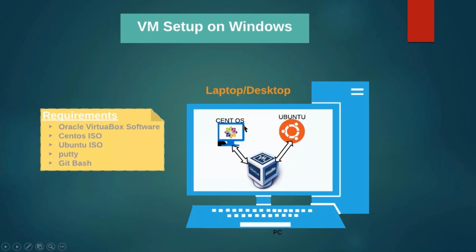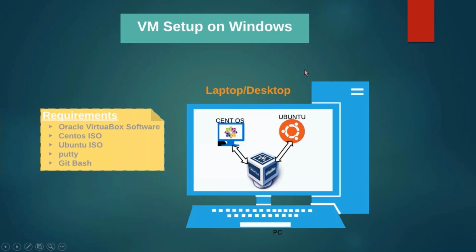Then we'll create one CentOS virtual machine, a virtual machine with the CentOS operating system, and one virtual machine with the Ubuntu operating system. Once we have that up and running, we will log into them using PuTTY and Git Bash.